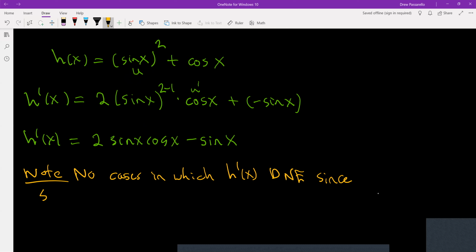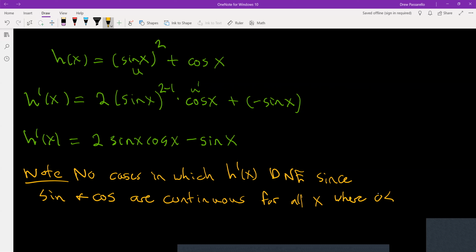And sine and cosine are continuous for all x where x is between 0 and 2 pi.